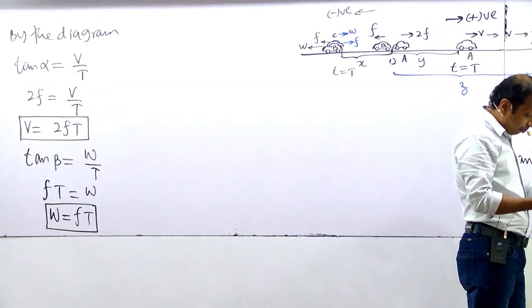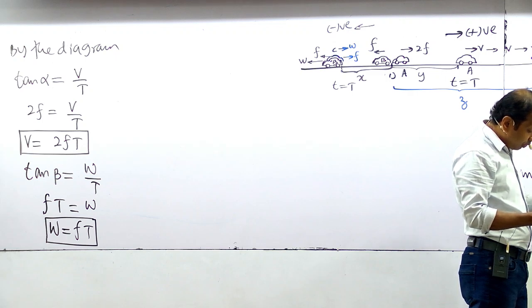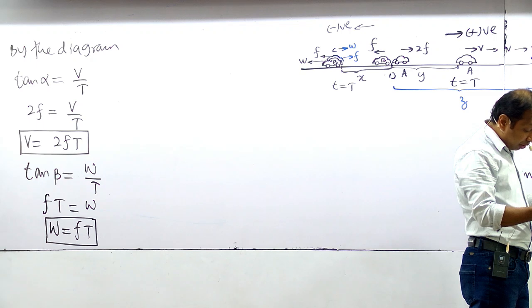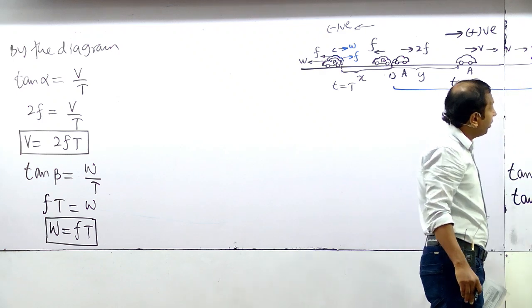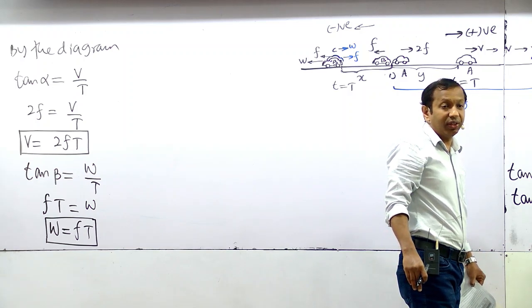What is it asking next? Draw the velocity time graph for the cars A, B and C from their start until the car is overtaken by car C. Find the time the velocities of A and C are equal. Can you show me the time moment the velocities of A and C are equal?